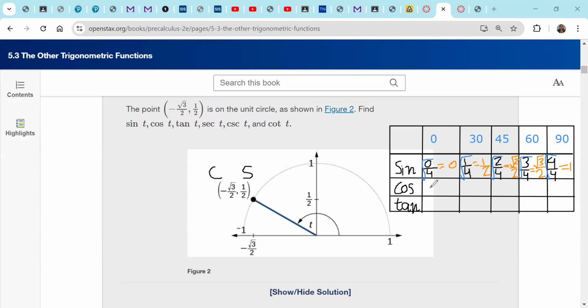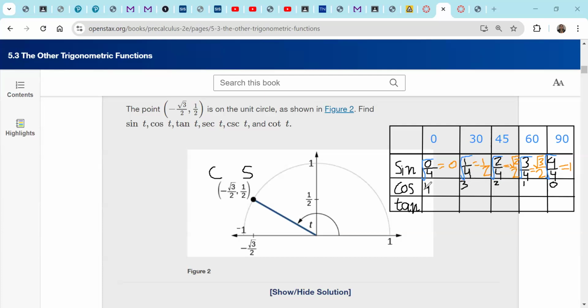Now to fill the next line, we just go like this, 0, 1, 2, 3, 4. Now we go 4, 3, 2, 1, 0, and we repeat the whole process. So this is 4, 3, 2, 1, and then 0.